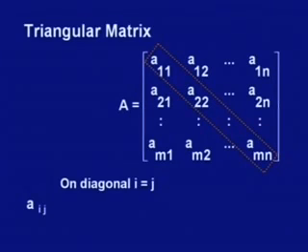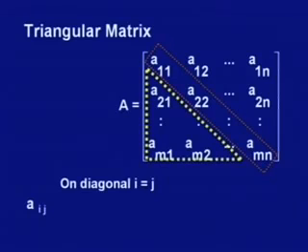But if you consider this set of elements in the matrix, then one may easily notice that the row index is bigger than the column index for each and every element here.